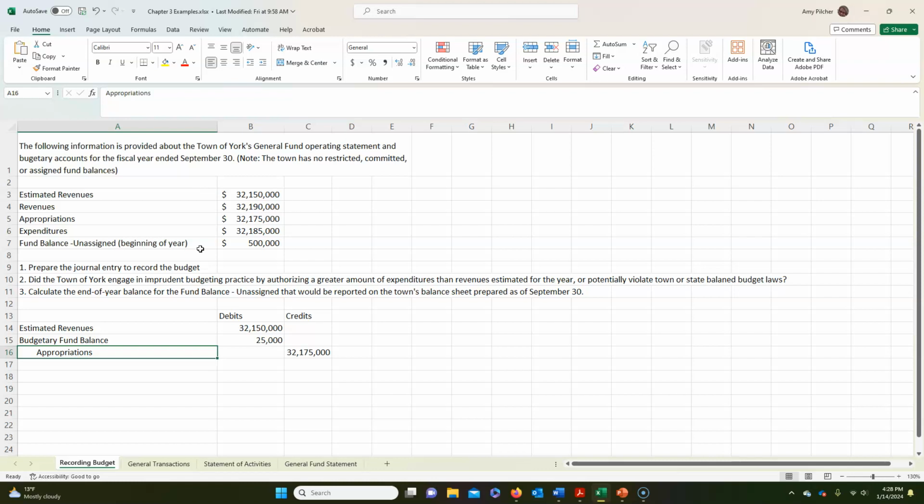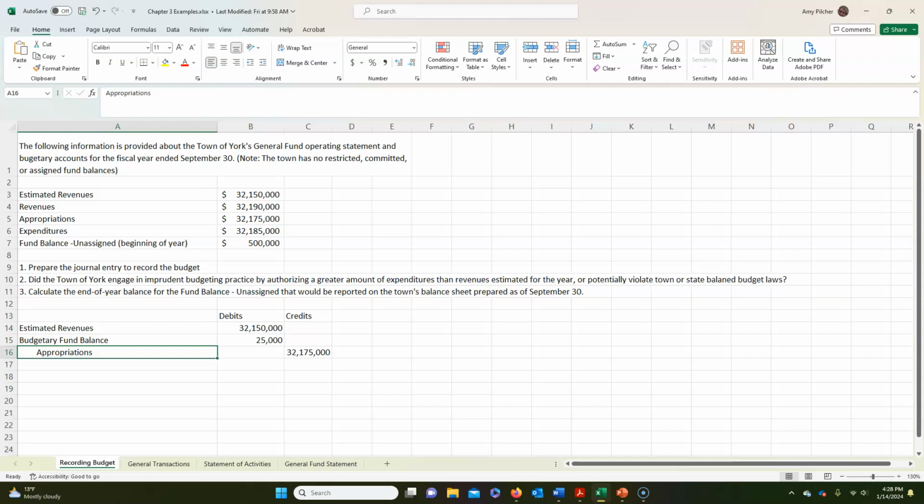Then in 3, it says calculate the end of year balance for the fund balance unassigned that would be reported on the town's balance sheet that would get prepared on September 30th.